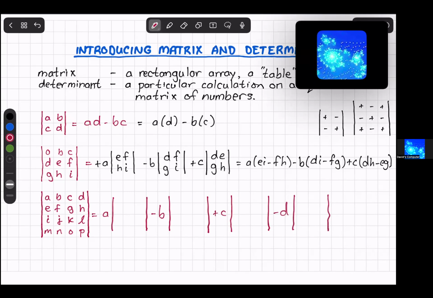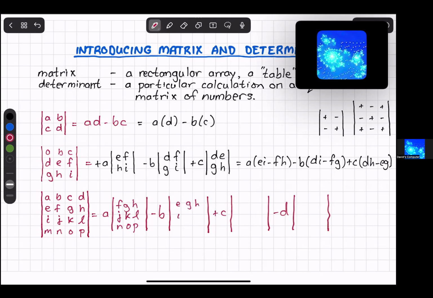You can see this grows in work very quickly because to evaluate a 4 by 4 determinant, you have to do 4 3 by 3s. To evaluate a 5 by 5 determinant, you have to do 5 4 by 4s. So determinant calculation is not always trivial.